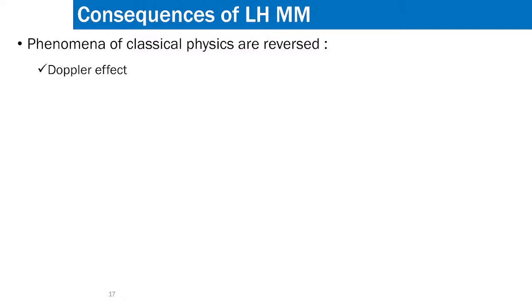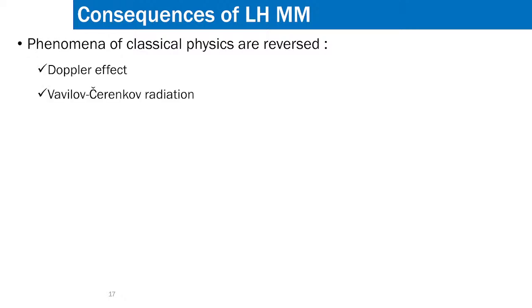What are those phenomena? First is the Doppler effect. In the Doppler effect, when the source is approaching the observer, the frequency increases. But if the source is approaching the observer in a DNG material or left-handed material, then the frequency will decrease. Instead of increasing, it will decrease. So the Doppler effect is reversed.